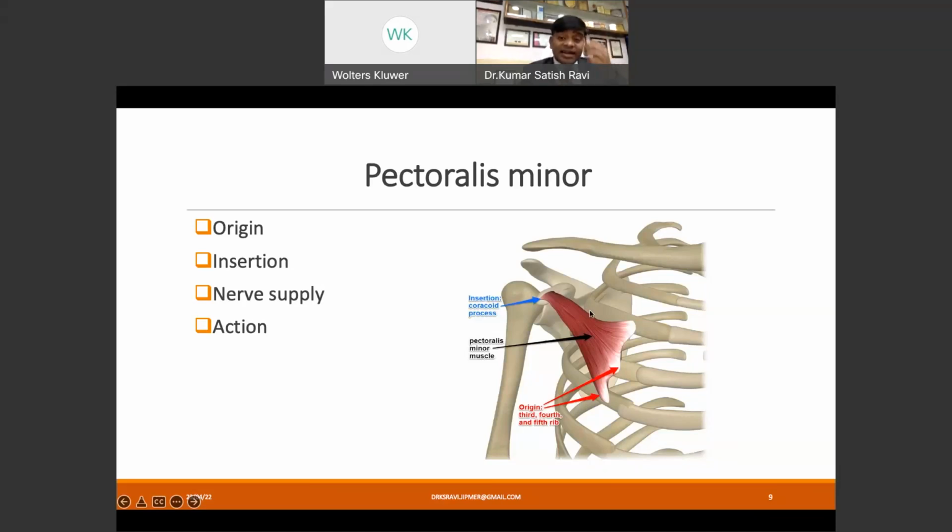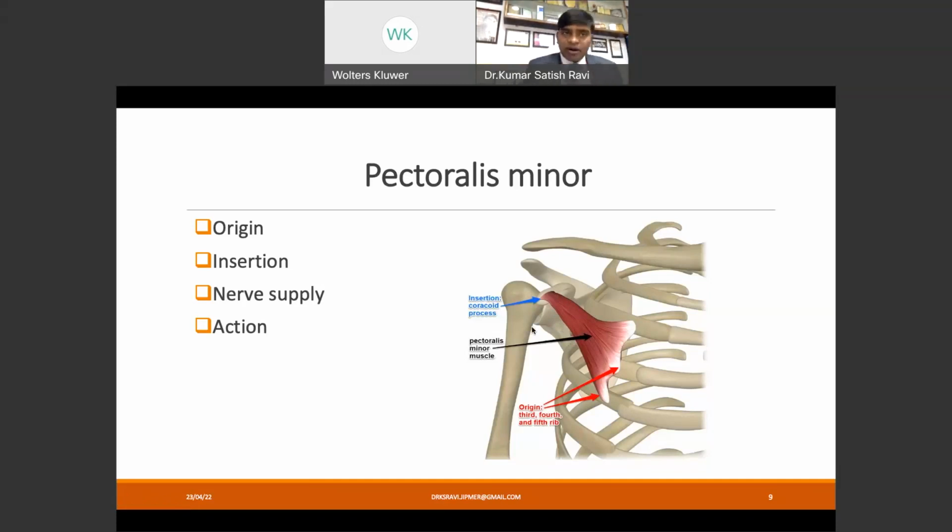The second part extends from the upper margin of the pectoralis minor to the lower margin of the pectoralis minor. The third part extends from the lower margin of the pectoralis minor to the lower border of teres major. So these are the different parts of the axillary artery.